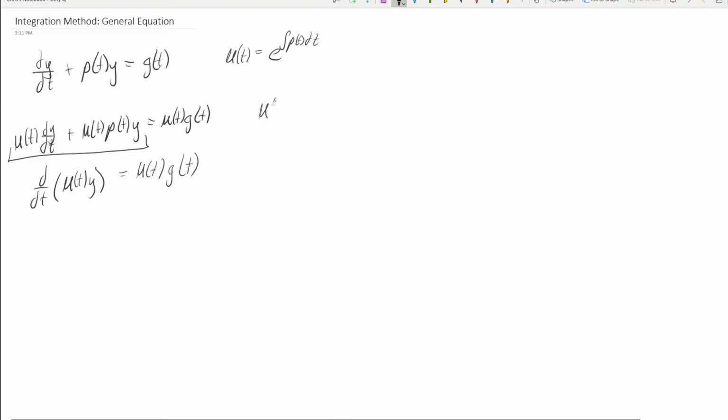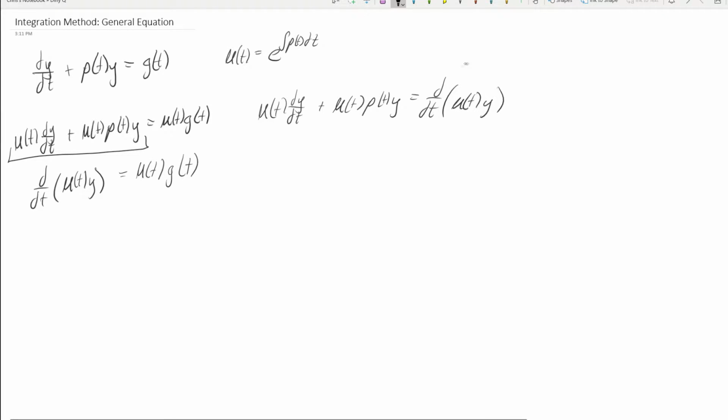So mu(t) dy/dt plus mu(t) p(t) y has to be equal to d/dt of mu(t) y. So the derivative of mu(t) y is equal to this.